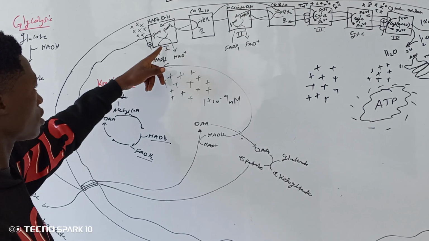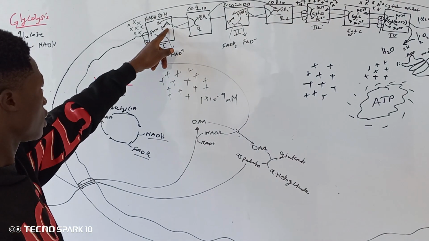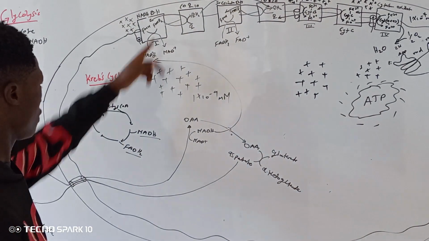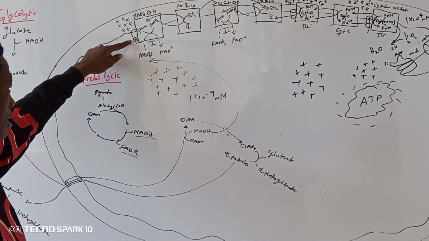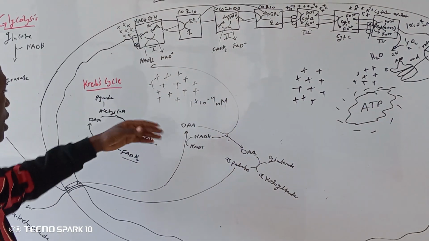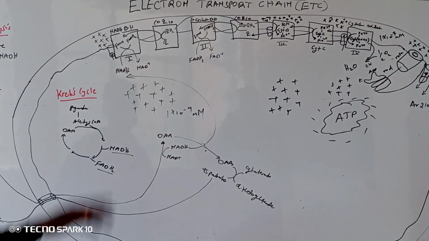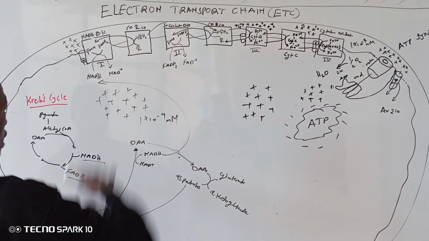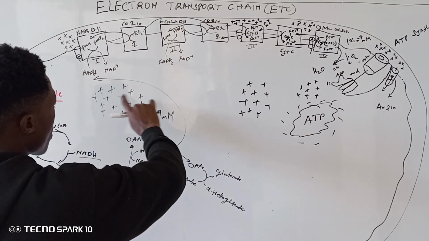It leaves the electrons, which are taken up by flavin mononucleotide, which is converted to FMNH2. Remember, it also has a receptor which takes the protons from inside the matrix into the intermembrane space when it passes the electrons to coenzyme Q. Coenzyme Q takes the electrons and is converted to QH2.